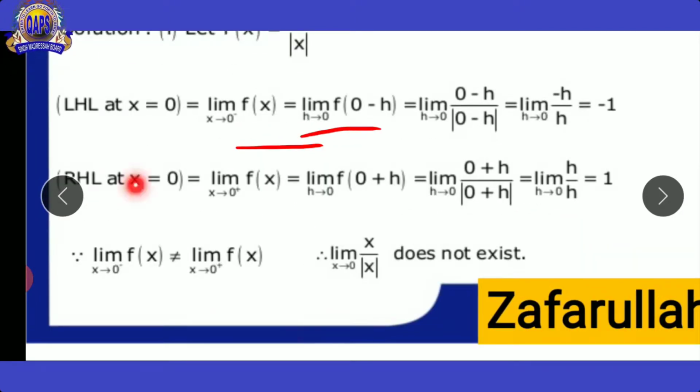Then right hand limit, x approaches 0, same condition here. In the left hand limit, in the place of x we put 0 minus h. When solving the right hand limit we put 0 plus h, because in the left hand limit we are subtracting from the point, taking values very close to the point x approaches.